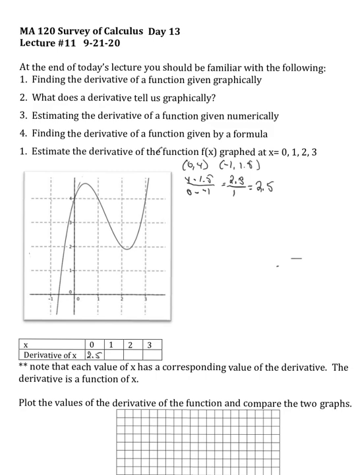So again, I will be choosing my ruler, and I'm going to put that ruler on the graph where x is equal to 1, and make it as close to a tangent line as I can. And I'm going to draw my line. Now I'm going to look at that point where it crosses.